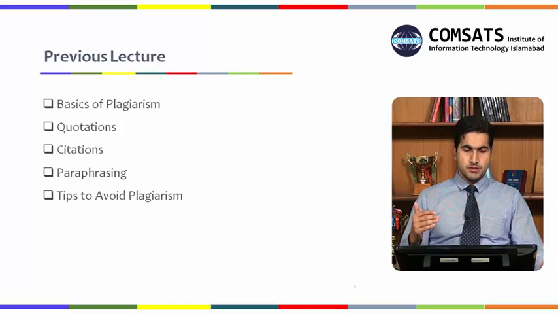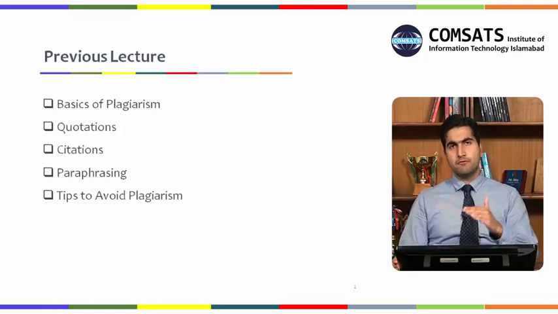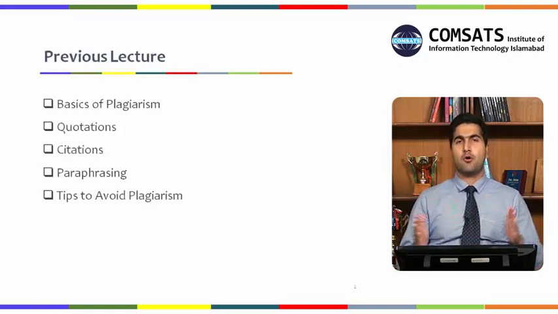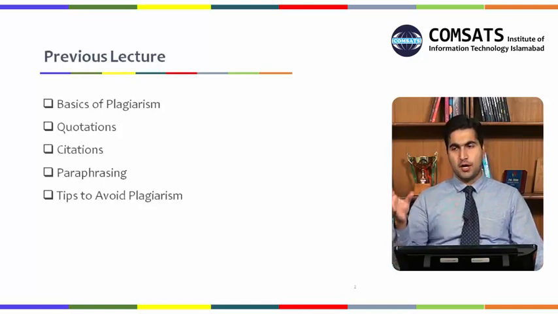Well, of course, we'll be starting from the basic concept of citation itself, looking into why it is so important, and from citation we'll move towards the different styles of referencing, because this is the strategy that you have to adopt and take into consideration to avoid plagiarism.